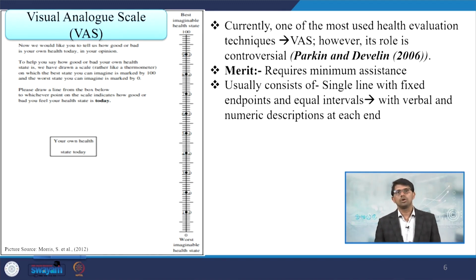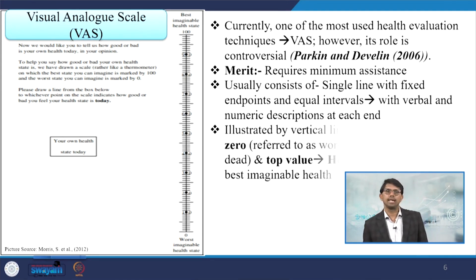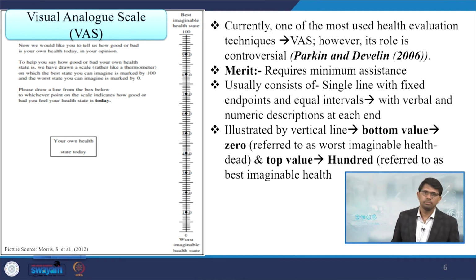Usually this consists of a single line with fixed endpoints and equal intervals, with verbal and numeric descriptions at each end. This is illustrated by the vertical line, okay, and the bottom value indicates 0, whereas the top value indicates 100.